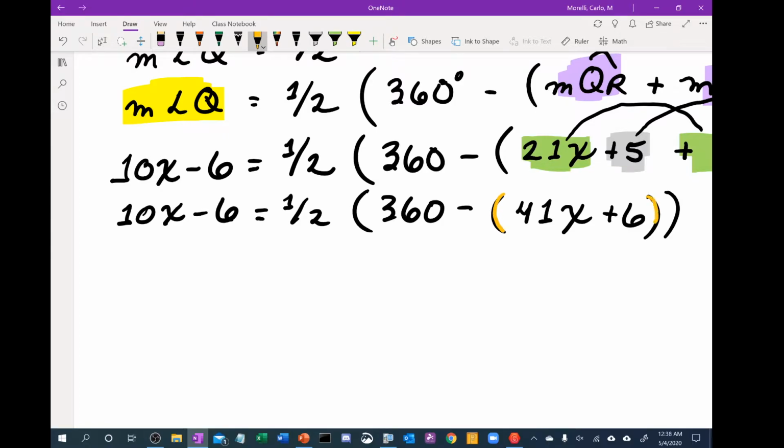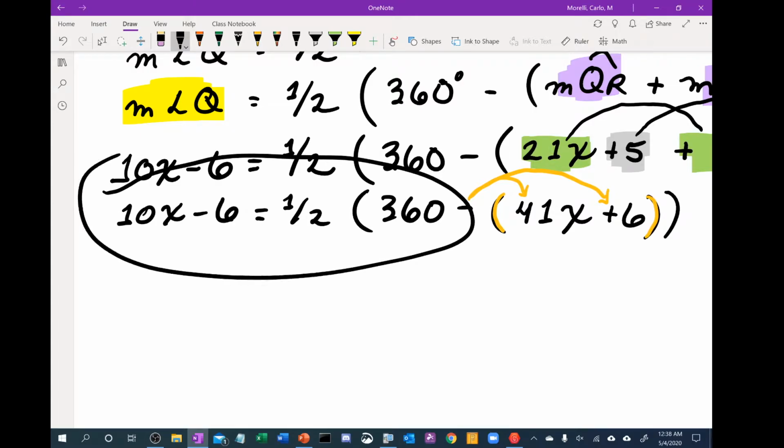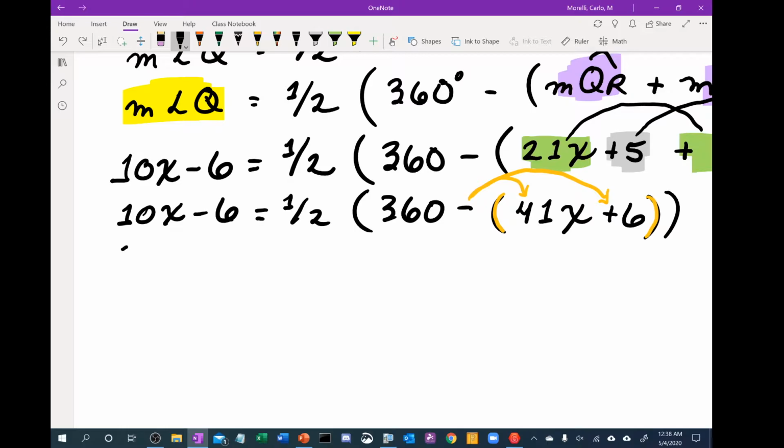We got to make them go away. And the only way we can make them go away is by distributing this negative symbol to each term of that parenthetical expression. So once again, we're going to rewrite all of this stuff, which is not going to change because we're not doing anything with that yet. 10x minus 6 equals 1/2, open parentheses, 360.